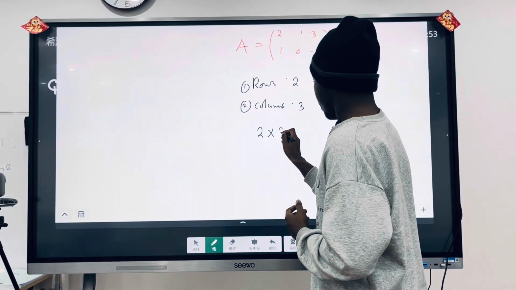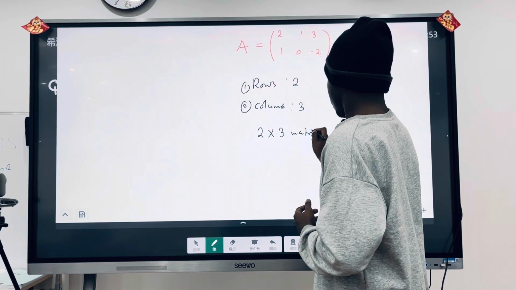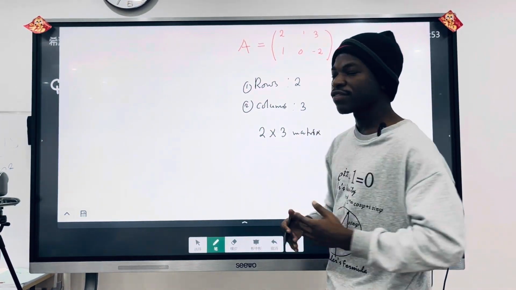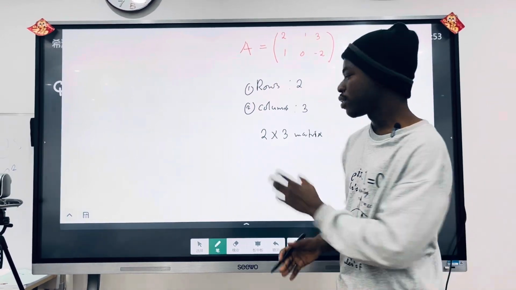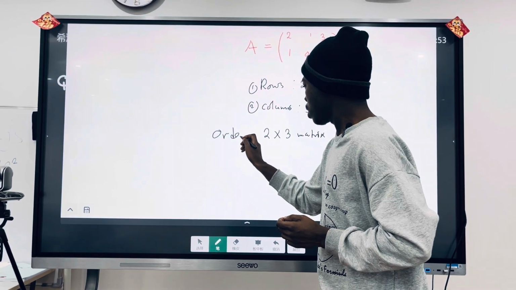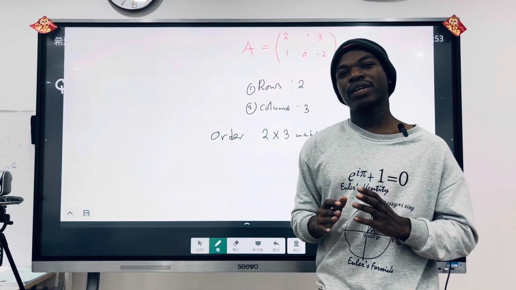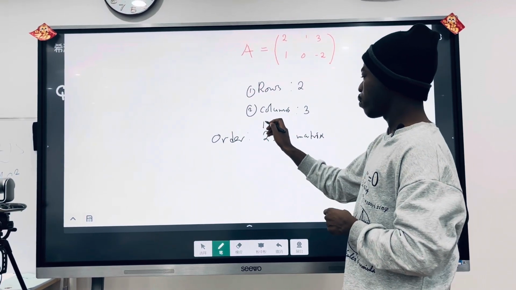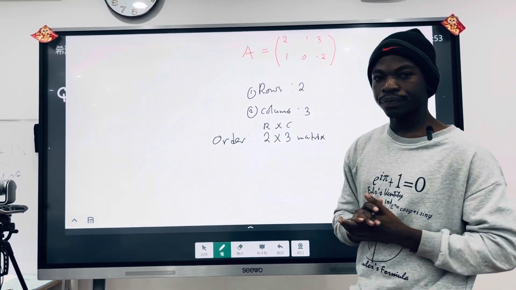The 2 stands for the number of rows the matrix has. The 3 stands for the number of columns. So this is what we also call the order of a matrix. So the order of matrix A is 2 by 3, row by column.